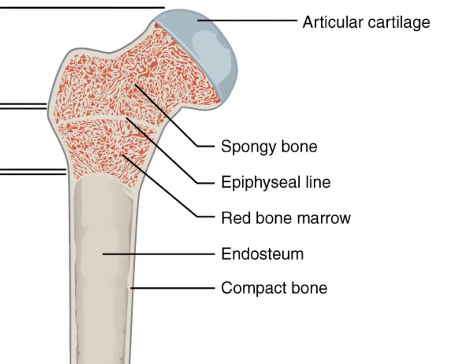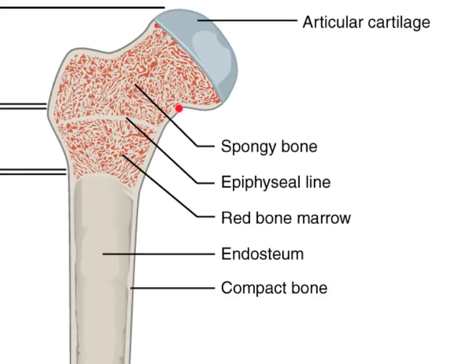The epiphyses are going to be pretty rich in spongy bone tissue. Remember, there are two types of bone tissue: compact bone tissue and spongy bone tissue. We find compact bone tissue forming the bone collar or the cortex of the diaphysis, while the majority of the epiphysis is spongy bone tissue.